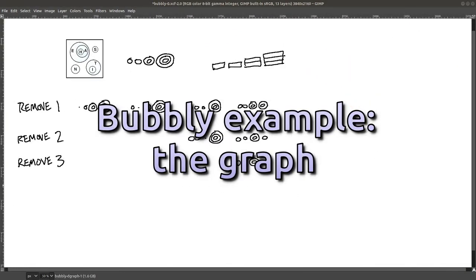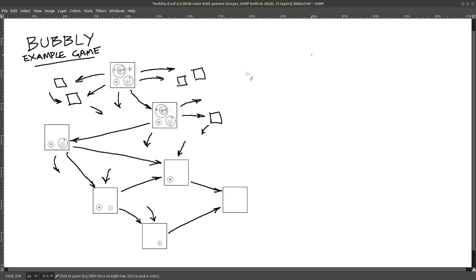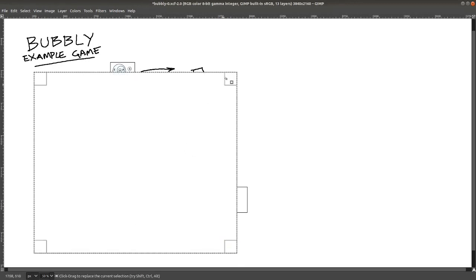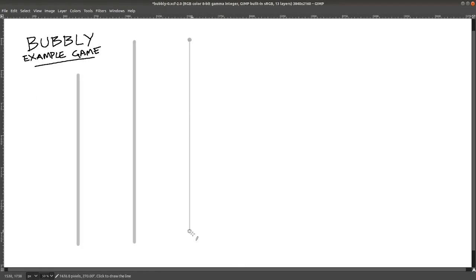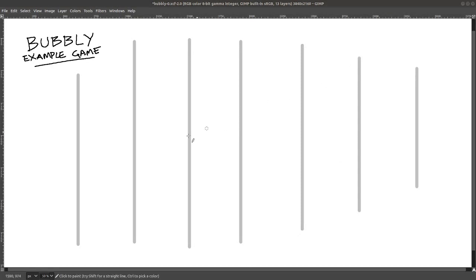Okay, so now let's make the real graph for this starting state. I'm going to start by dividing up the graph. And each of these divisions is going to be the number of bubbles that are left in the state.